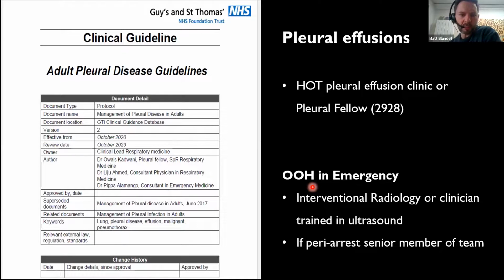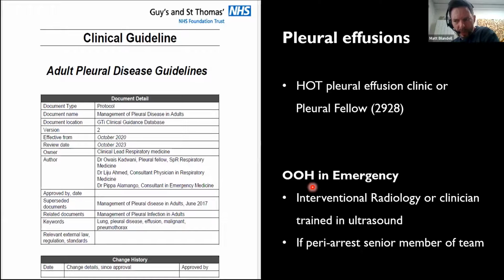In the rare case where we feel a pleural effusion does need intervention, it's generally going to be those patients who are profoundly septic and you're worried about an empyema, or a patient, for example, who's had a pneumonectomy on one side and then has a complete whiteout on the other side, and they're extremely symptomatic. The trust guidelines say we should be asking interventional radiology to do this.